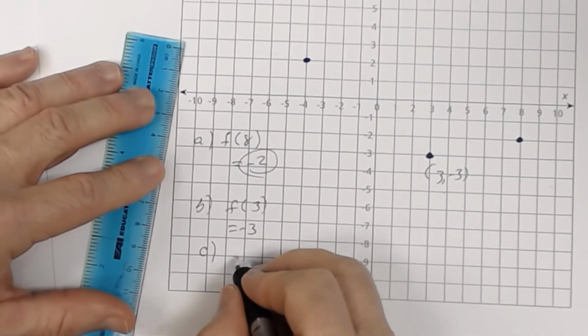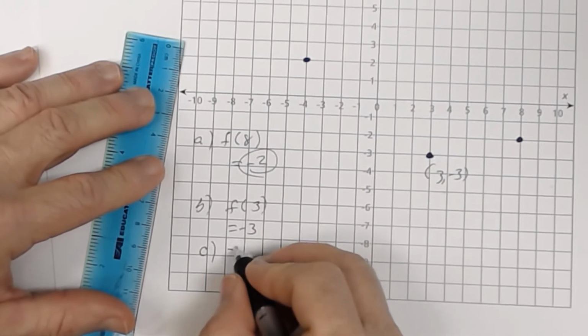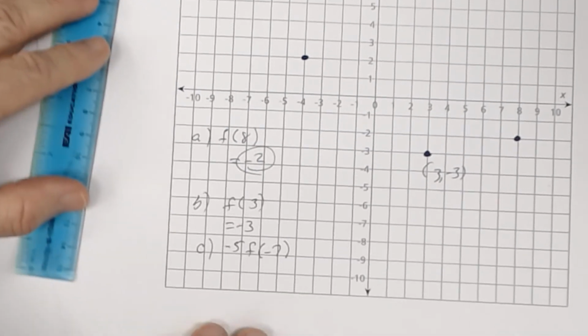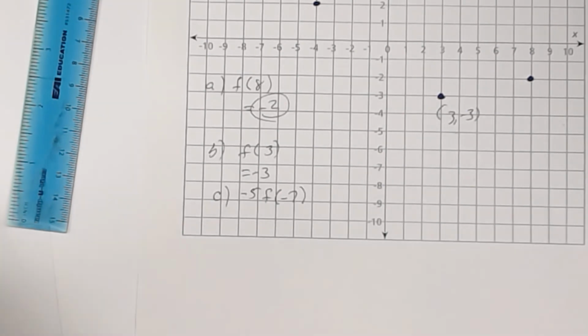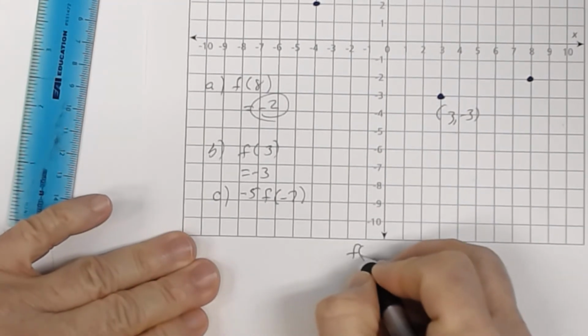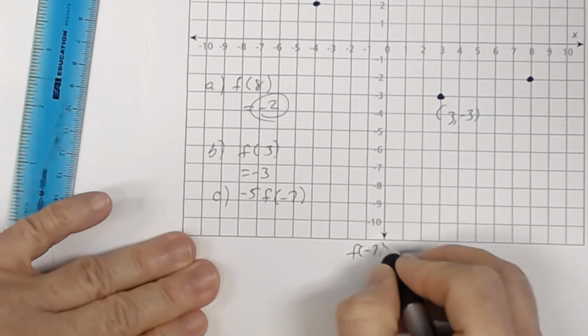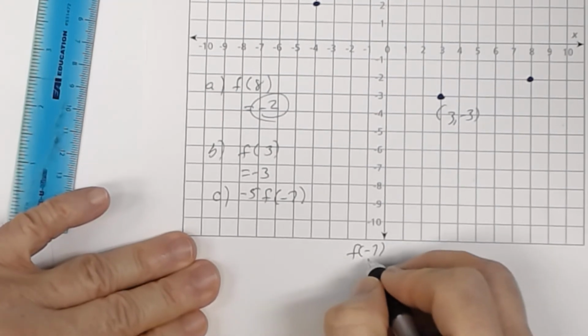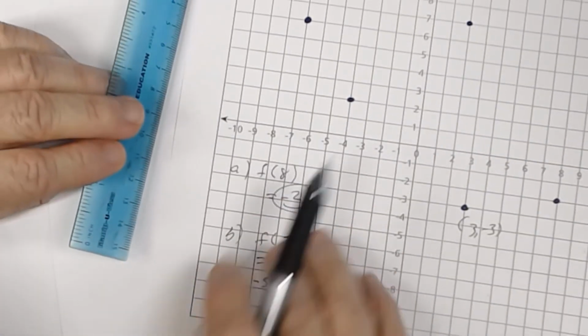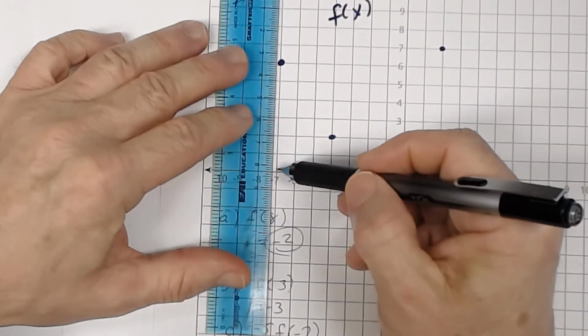Part C, suppose I want to find negative 5 times f of negative 7. First of all, I have to figure out what f of negative 7 is. So what's the y value when x is negative 7? Here's x is negative 7. Here's the point. Use your ruler.